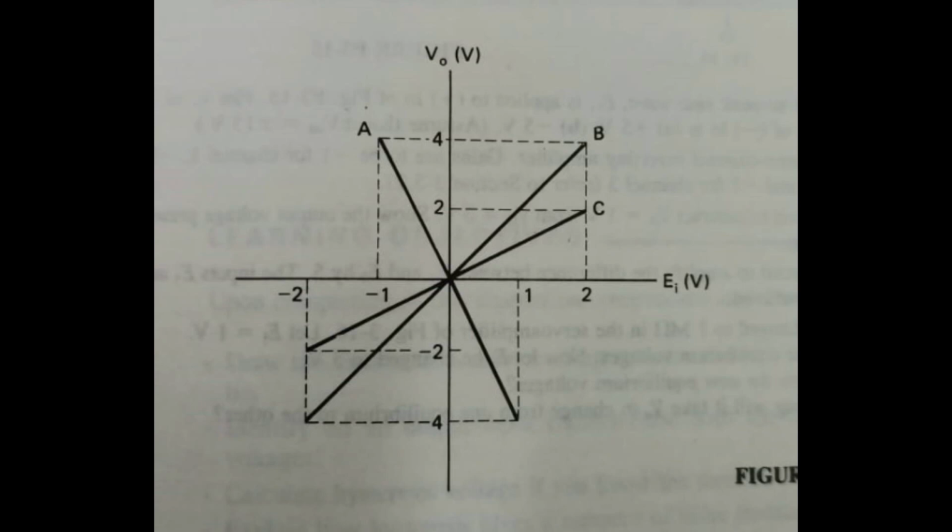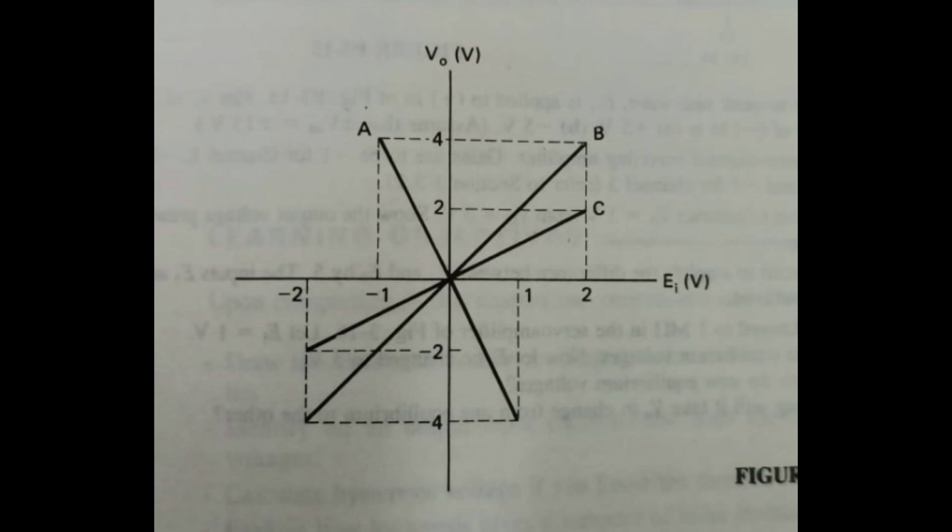So it has a gain of 1. Accordingly you can calculate the feedback resistor. Okay, assuming some standard value for R1, you design an inverting and a non-inverting amplifier.